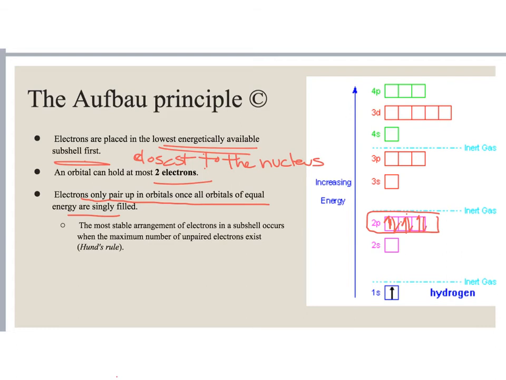Once each has 1, then we fill up the others. So the most stable arrangement of electrons in a subshell occurs when the maximum number of unpaired electrons exists. It is more stable when you have a lot of unpaired electrons, so that is why we don't pair them up.